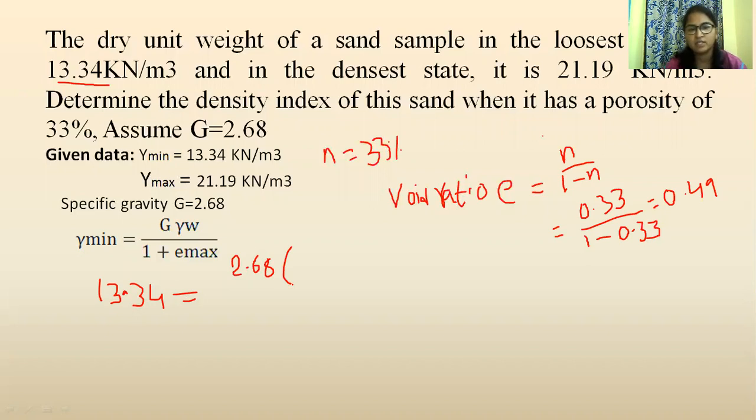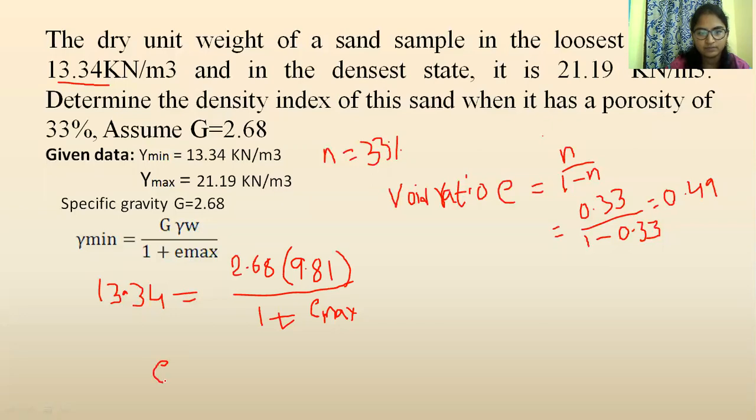In some cases it is given in the problem, otherwise the standard value you can take is 9.81 kilonewton per meter cube, divided by 1 plus e maximum. Now find e max.